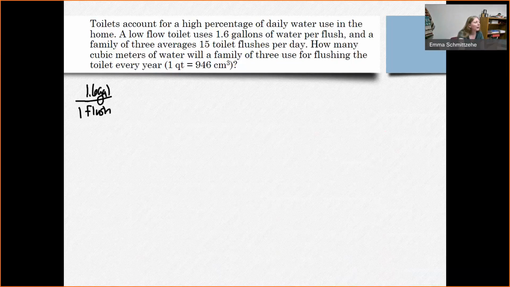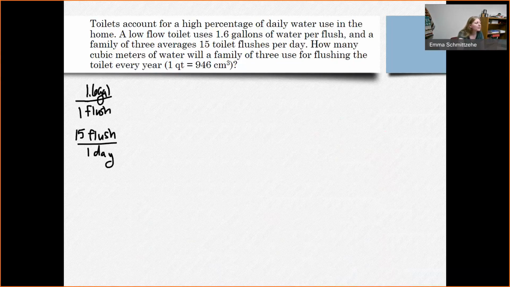And then it says, and a family of 3 averages 15 toilet flushes per day. Okay, so a family of 3, I'm going to skip that at the moment and just say 15 toilet flushes per day. Okay, because that's definitely another kind of conversion factor. So 15 flushes per 1 day.